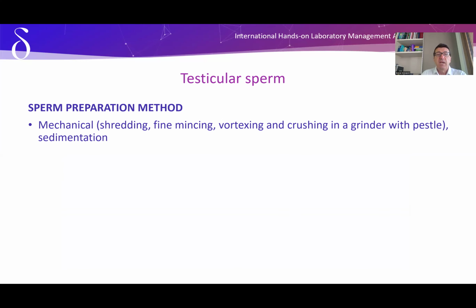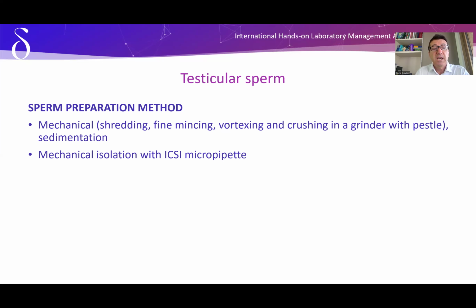Regarding testicular sperm, there are different methods described. Usually there are mechanical methods with shredding, fine mincing, vortexing, and crushing of testicular tissue in a grinder. Then there is mechanical isolation of sperm from this cell suspension with an ICSI micropipette.